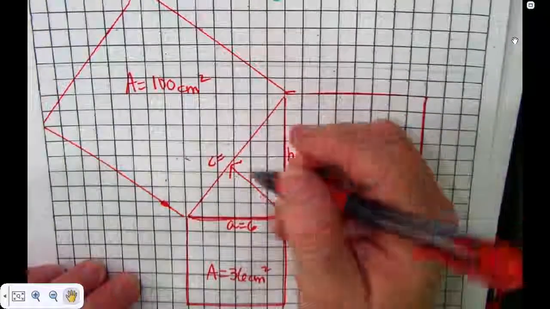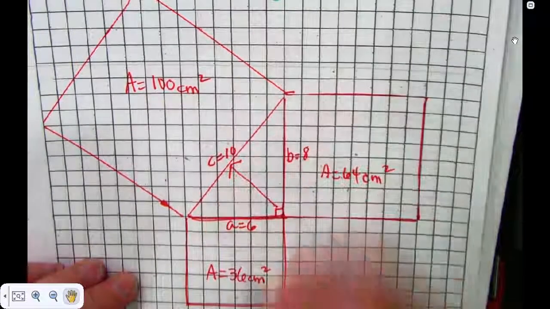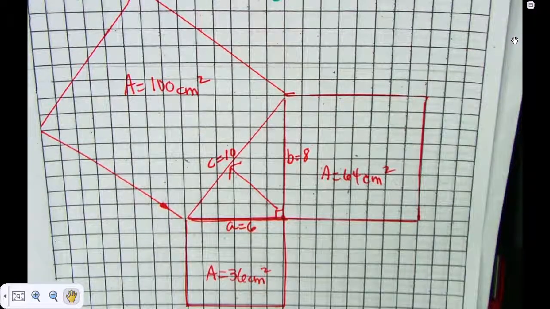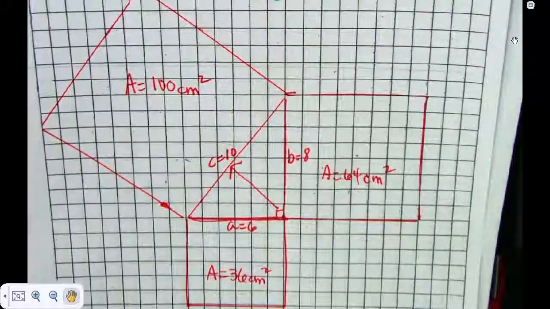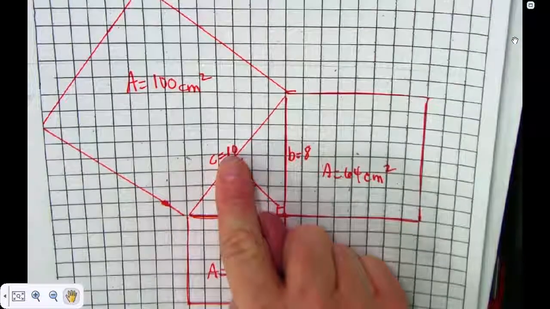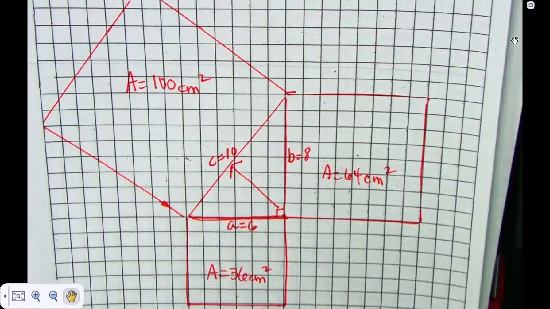What's the square root of 100? 10. It had to be bigger than 8, right? Because it's the longest side. The longest side is always the longest side. I'll have kids that get 6, 8, and they'll put 5 there. If C is the longest side, I know for a fact it's going to be more than 8.